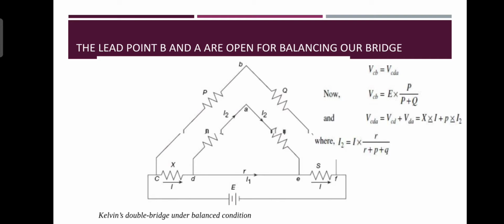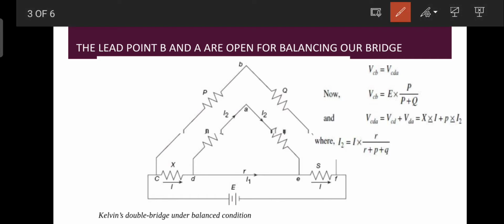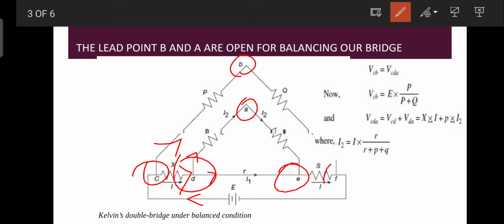The lead points B and A, the two lead points, are adjusted for balancing our bridge, and the current will flow like this, and this current will be divided like this and this, by applying Kirchhoff's current law at these points.